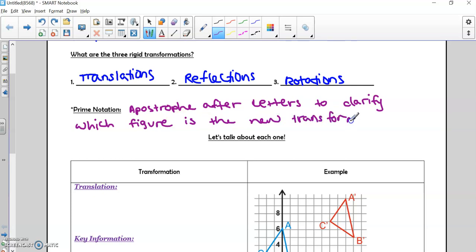Because we'll always have an original and we'll have a new one after you perform a transformation.